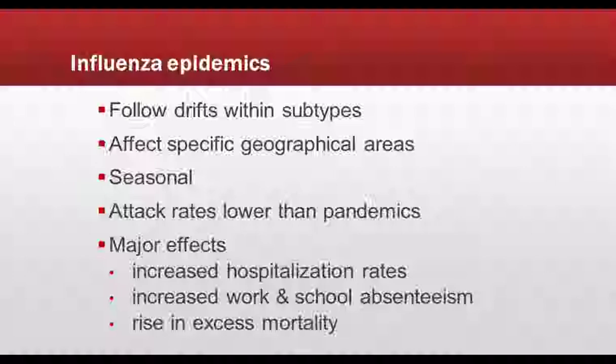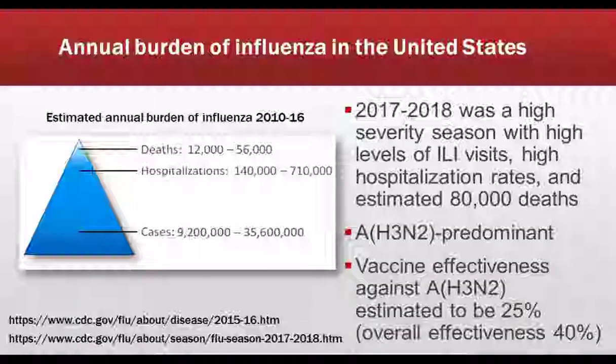And so these drifts are one of the major causes of seasonal flu. The attack rates due to epidemics are lower than in pandemics, which I've not yet defined. And the major effects, what we see every year, increased rates of hospitalization, increased absenteeism from work and school, and a rise in excess mortality. People die from flu.